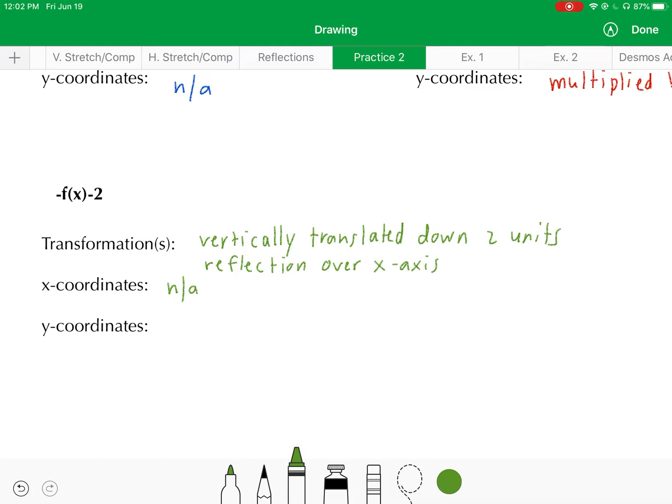Okay, so that means you're going to multiply your y coordinates by negative 1, and then you're going to subtract by 2. Notice you got to follow order of operations there. You want to multiply first and then subtract.